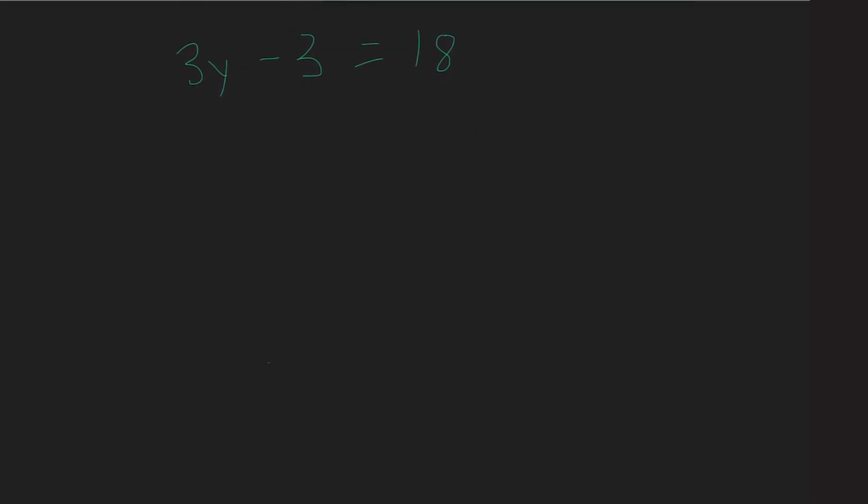So now let's solve it like a two-step equation. We have to add 3 to both sides because it's being subtracted here. So these cancel out. 18 plus 3 equals 21.